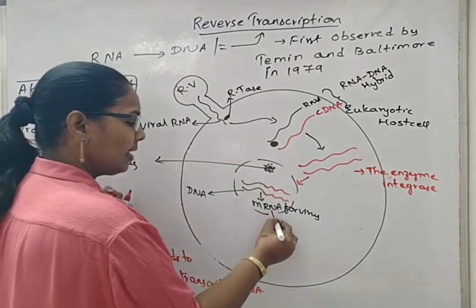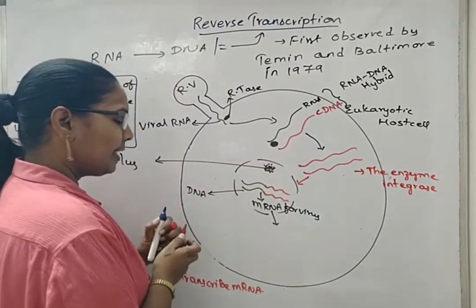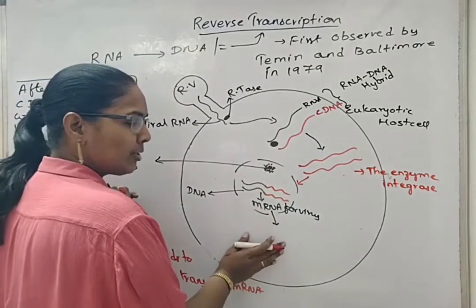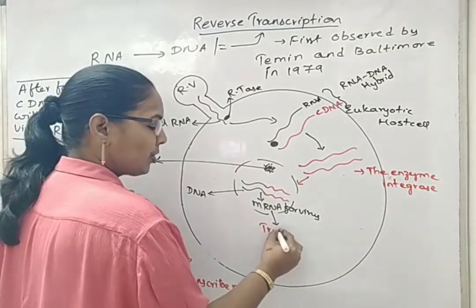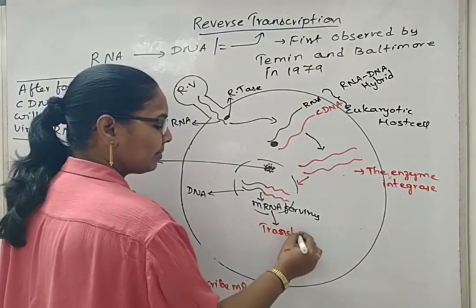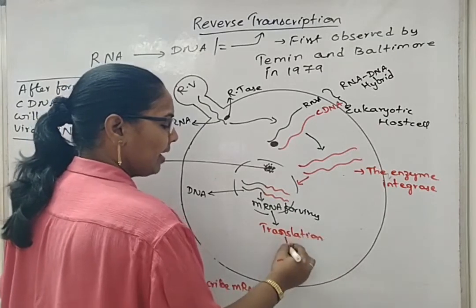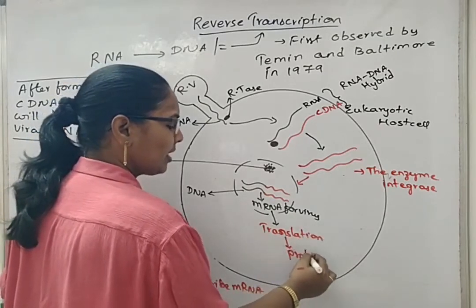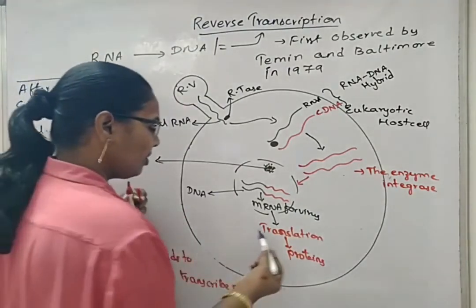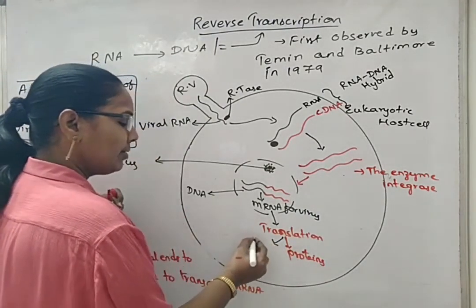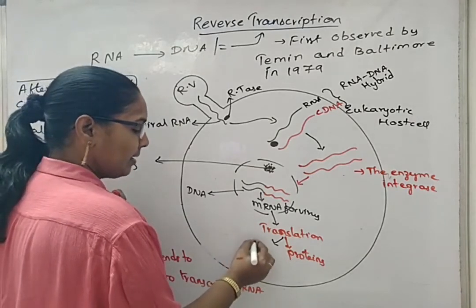Now the mRNA will come out of the nucleus and get dispersed into the cytoplasm of the host cell. Here it will undergo the process called translation and synthesize the proteins and also the enzymes that are required for synthesis of viral particles.